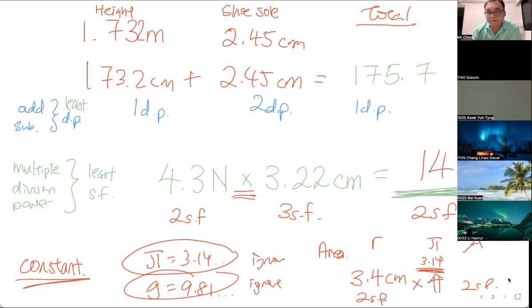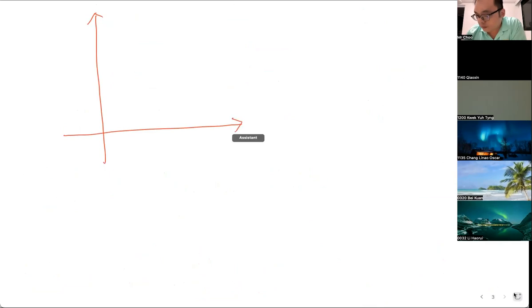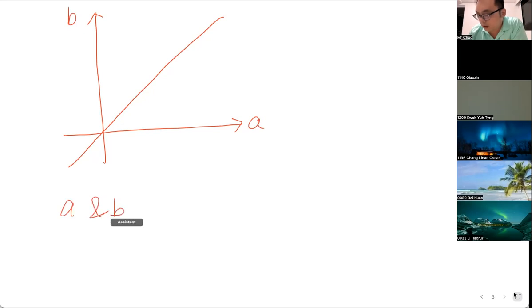If you are okay, give me a thumbs up. Okay, next point. Then they also like to tell you to draw a graph. If the graph happens to be cutting through 0, let's say this is variable A, variable B, you say that A and B are directly proportional.